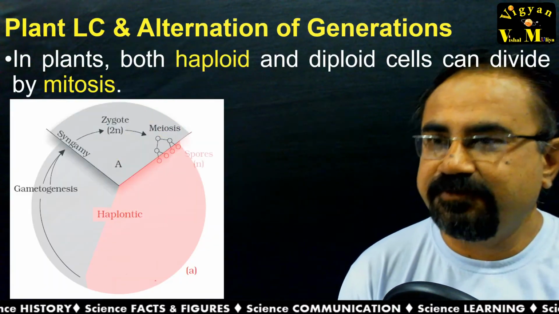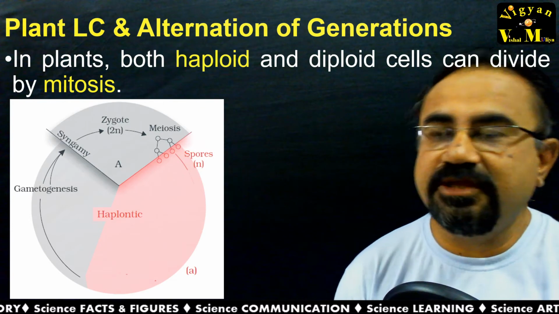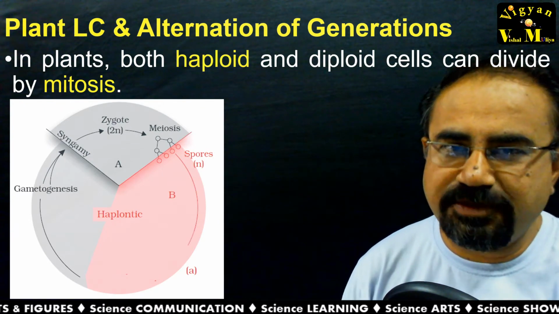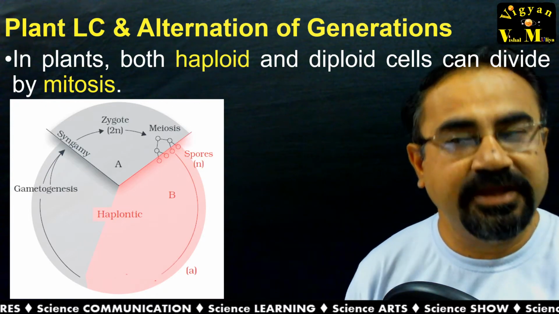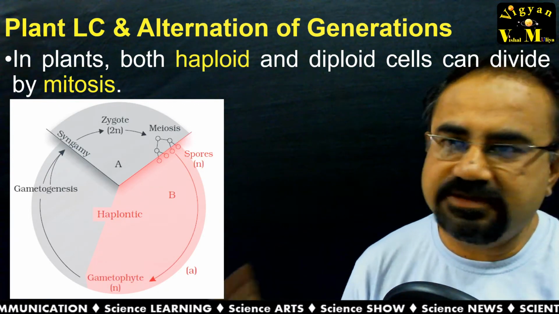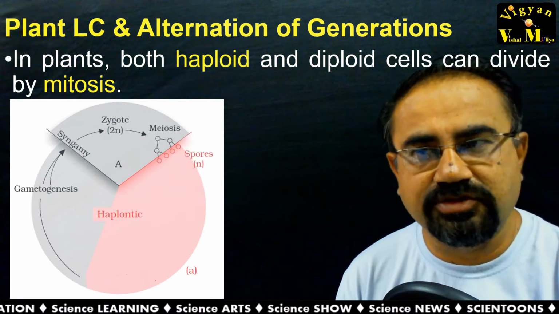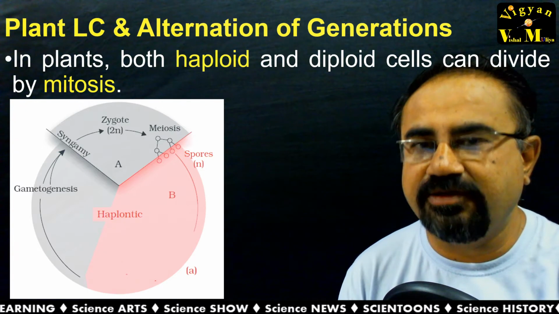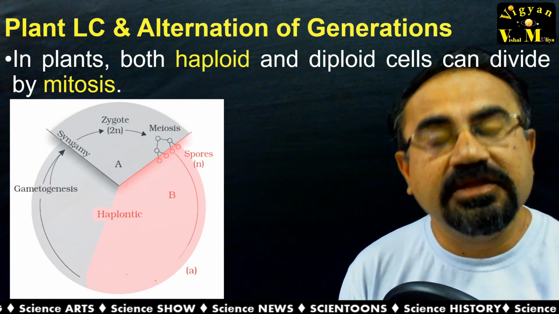Coming to the point, in the plants, both the haploid condition as well as the diploid condition can divide by mitosis. Here you can see the haploid spores going through the mitosis process and giving rise to the haplontic or haploid plant.